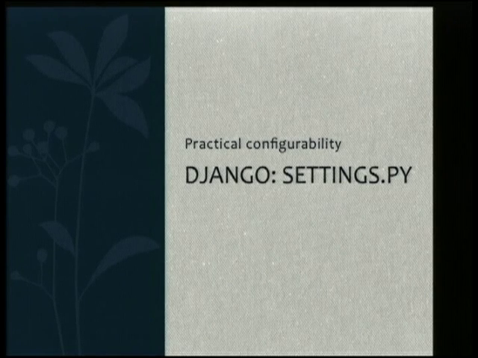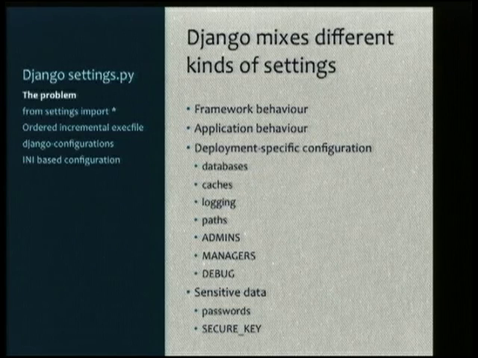Now, quickly, Django. I don't know whether everybody uses it here, so let me practically tell you about some problems with that. Django mixes different kinds of settings, and then you have approaches how to solve this, because not all the problems are of a modular basis.